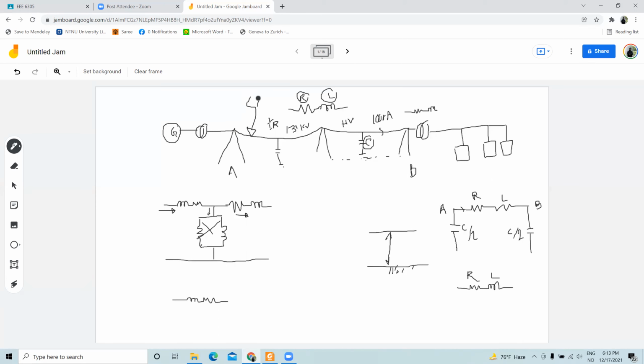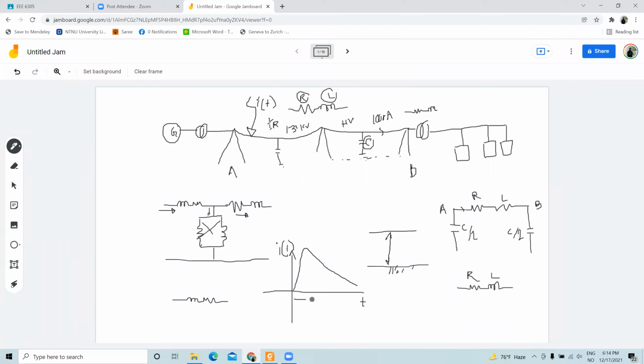Lightning is basically a high value of current, so you have I of t which hits the transmission line. The value of I follows the shape of the lightning current. If you plot the lightning current on the y-axis, you have I of t, and on the x-axis, this is t.